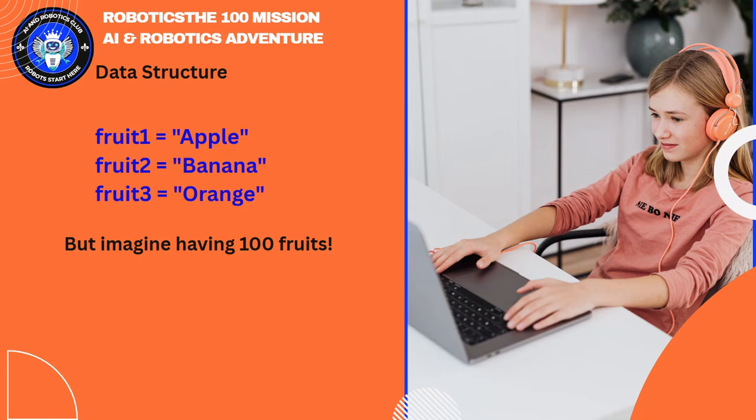But imagine if you are having 100 fruits or 100 students, that would become very difficult to manage. That's where data structures come in. In Python, data structures help us organize and store multiple pieces of information in a structured way.